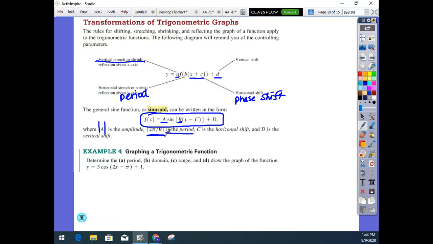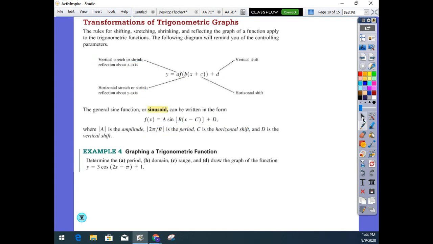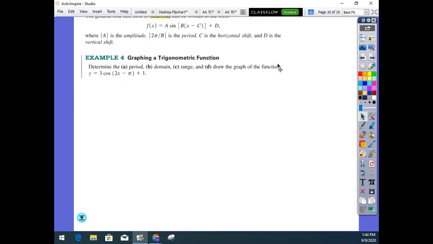If it's tangent, you do 1 pi because that's the period for tangent. C is the horizontal shift or phase shift, and D is your vertical shift. So this looks super confusing. Let's see if we can actually demystify this just a little bit.